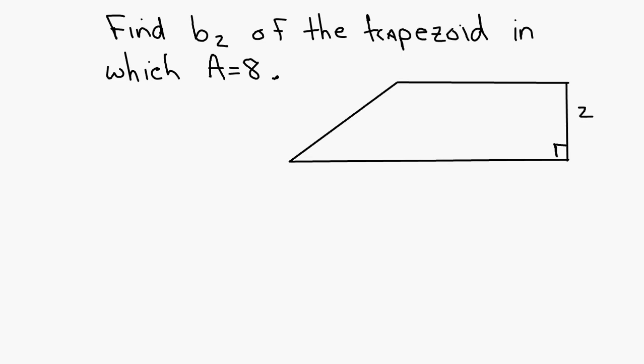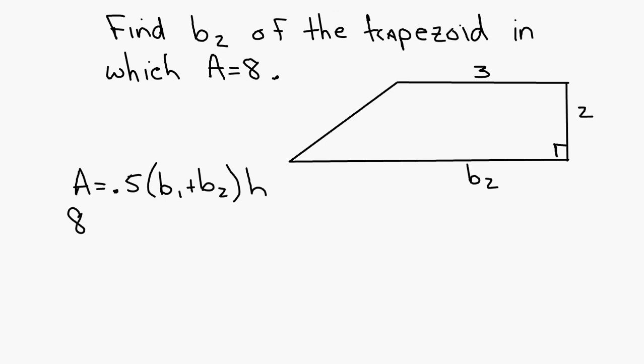So we got a 2, a 3, a base 2. All right, so you write out the area formula. Area of a trapezoid is equal to 0.5 times base 1 plus base 2 times the height. And now substitute everything that's given. So 8 is equal to 0.5 times base 1 is 3 plus base 2 is what you're trying to find times the height, which is 2.